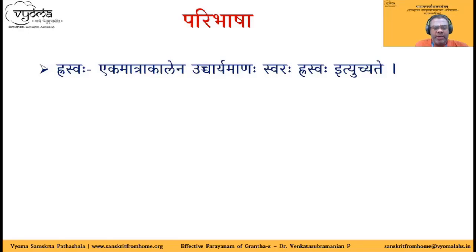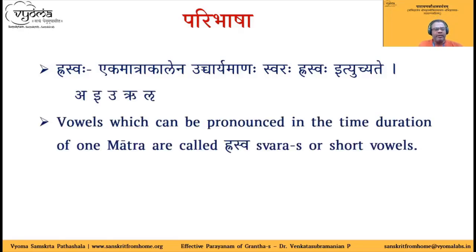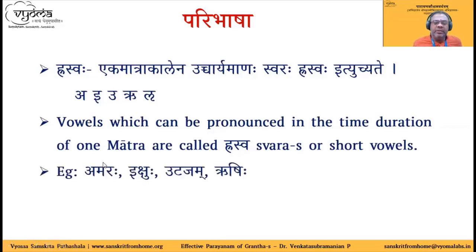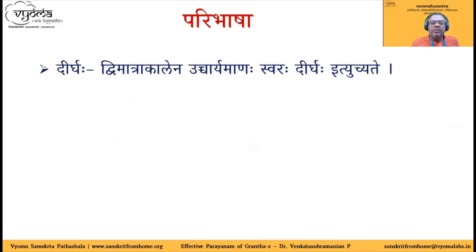Ekamatra kalena uchcharyamanaha swaraha hrasvaha iti uchyate. Vowels which can be pronounced in the time duration of 1 matra are called hrasvaswara. Amaraha, Ikshuhu, Utajam, Rishihi. You see the swaras there. They may be along with the vyanjanas, but still they take 1 matra. Dirgha is, as I told you, 2 matras.